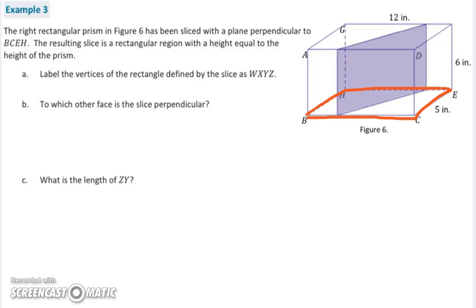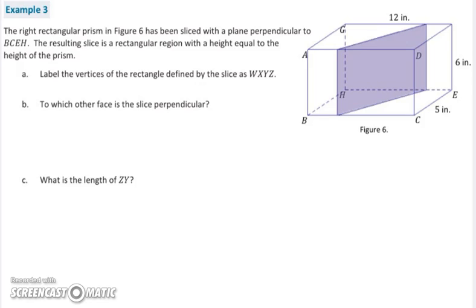It says the resulting slice is a rectangular region. Look at the slice, it looks like a rectangle with a height equal to the height of the prism. The first thing it's asking us to do is label the vertices of the rectangle defined by the slice as WXYZ.